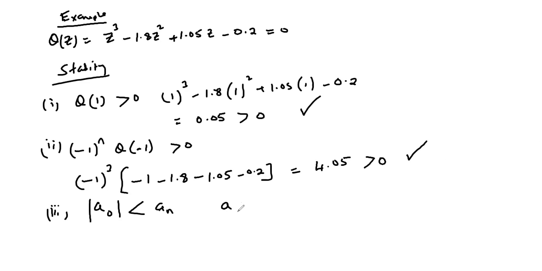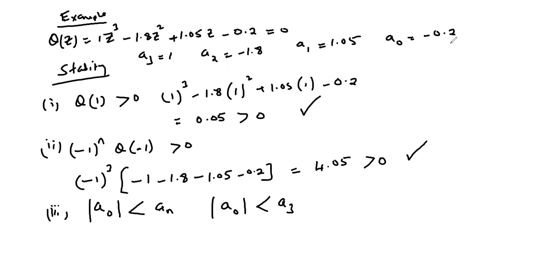That means A0 magnitude must be less than A3, where A3 is 1, the coefficient of Z cubed, A2 is negative 1.8, A1 is 1.05, and A0 is negative 0.2.